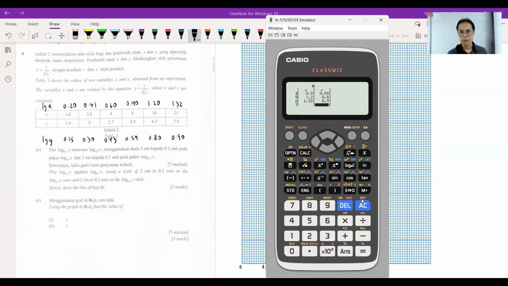Okay, then you press AC. Then you go to OPTN, option. Go to number 3, regression calculation.